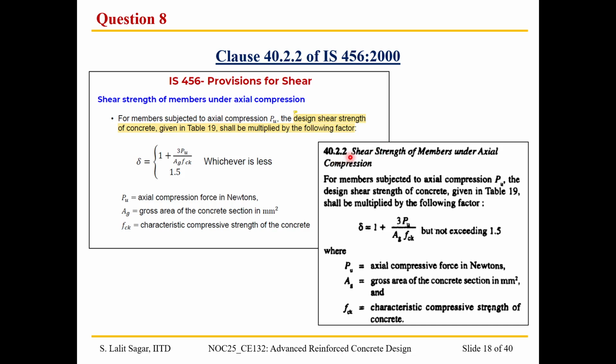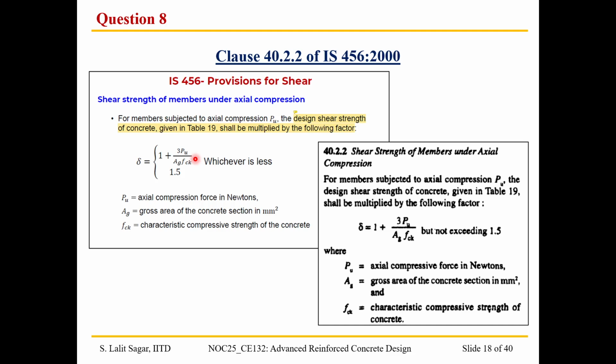Here we can see the screenshot of that provision as well. The design shear strength shall be multiplied by a particular factor which is determined using this equation, that is delta is equal to 1 plus 3 Pu by Ag fck. So this Pu has to be axial compression.